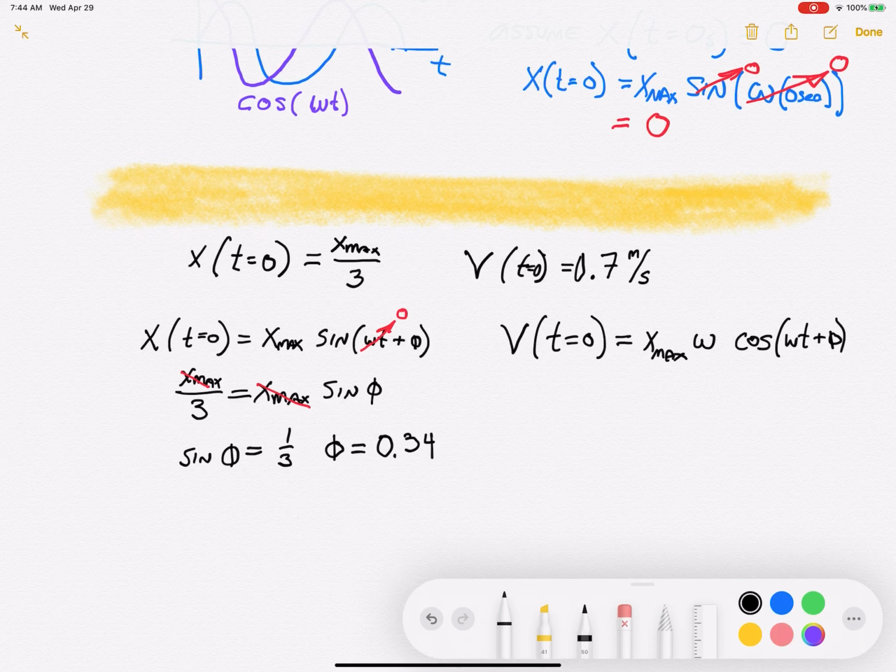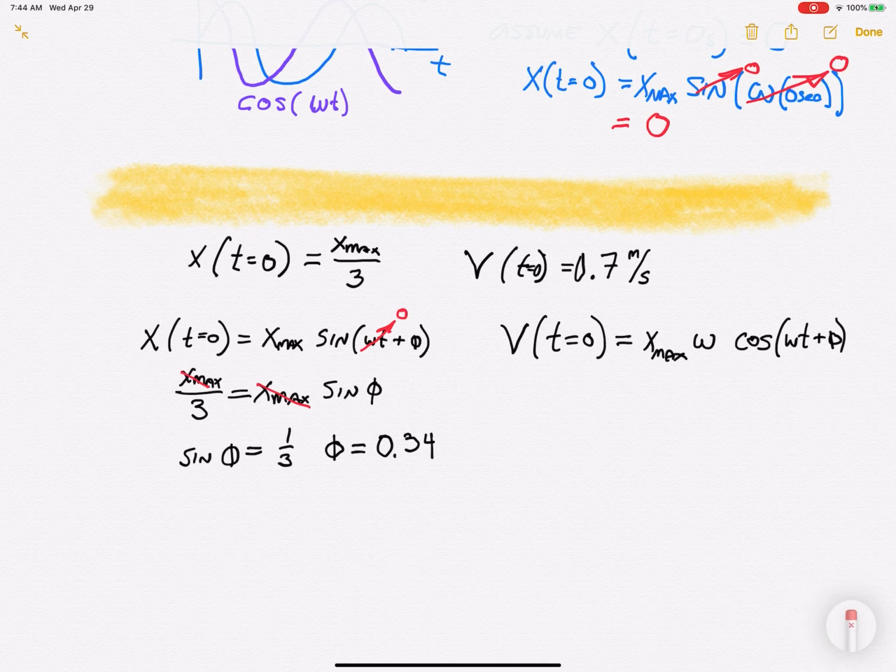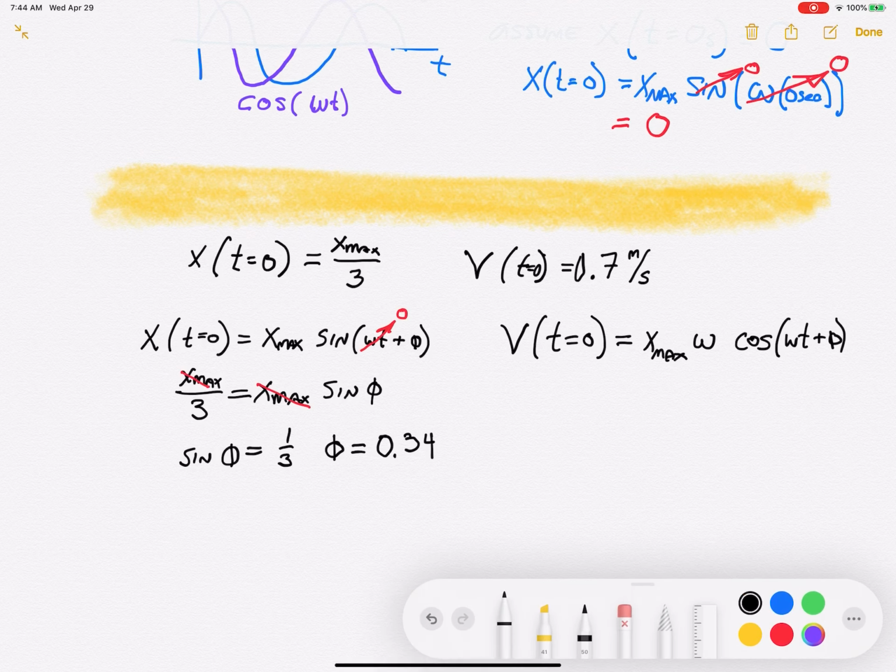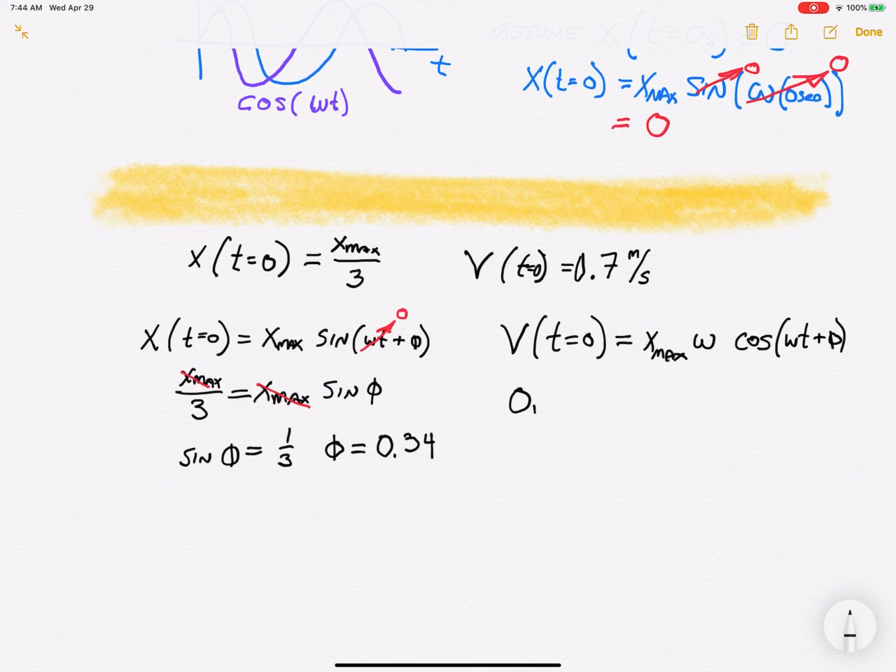Let's make the substitution of 0.7 meters per second for velocity at time t equals 0.